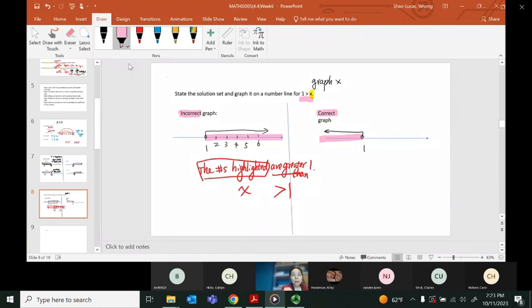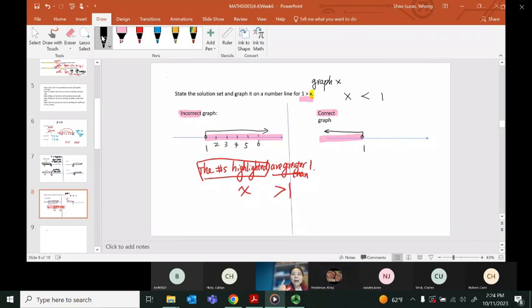Remember the alligator's mouth eats the bigger? Say clearly which one is greater, because you can't just say the sign. You have to tell us which one is greater. Oh, 1 is greater than x, which means x is what compared to 1? Less than 1? Yeah, right? Does it make sense? Yeah.